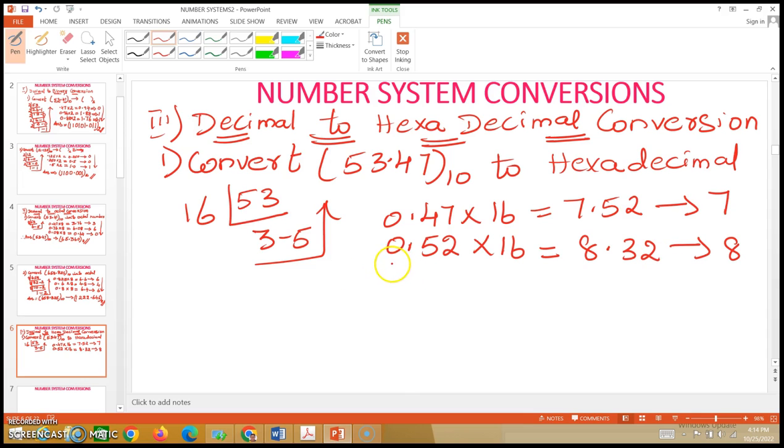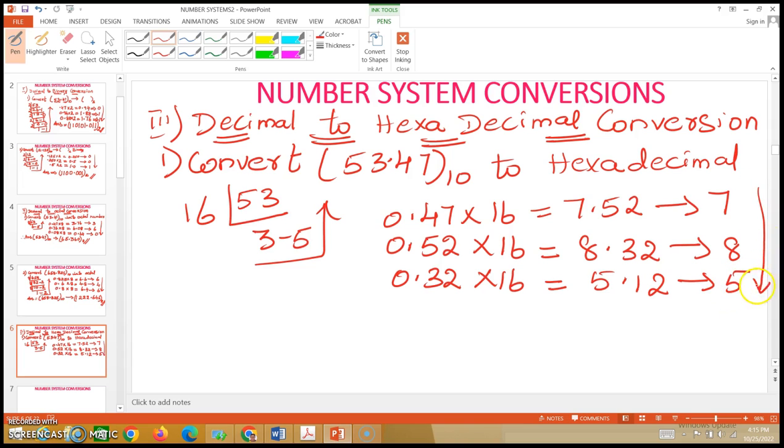Now the next one is 0.32. So multiply it with 16. So now the answer is 5.12. So take the integer value, that is 5. Now we have to multiply only 3 times.